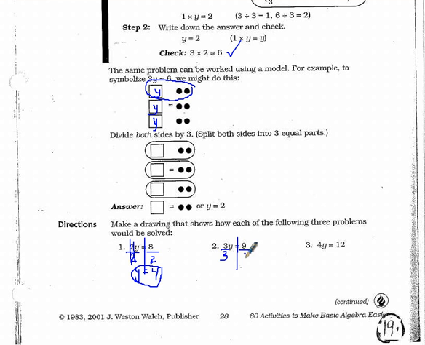This property is the division property of equality. We divide one side of our equation by 3, we must divide the other side by 3, leaving us with y equals 3. That is our solution.